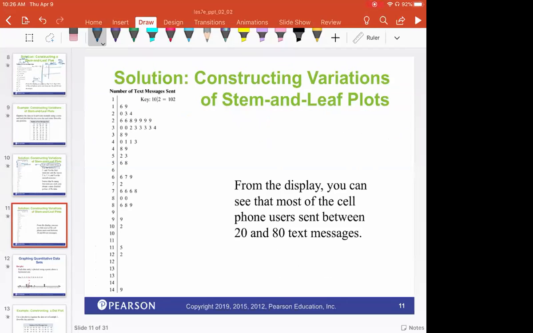Next slide. So here it just shows your answer. Now something it didn't emphasize is you can always graph a key so that your reader knows what you're talking about.